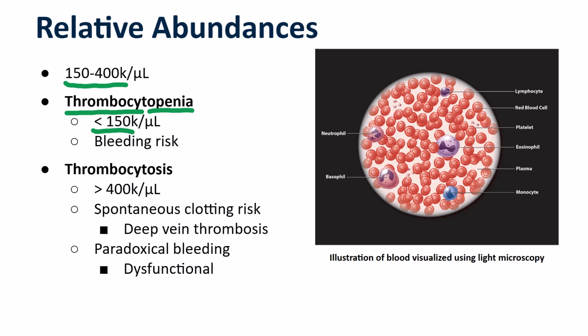The opposite condition is thrombocytosis. So that root there, cytosis, means an elevated level of thrombocytes. So this is when there is greater than 400,000 thrombocytes per microliter. And there are two possible outcomes with this. One is spontaneous clotting.